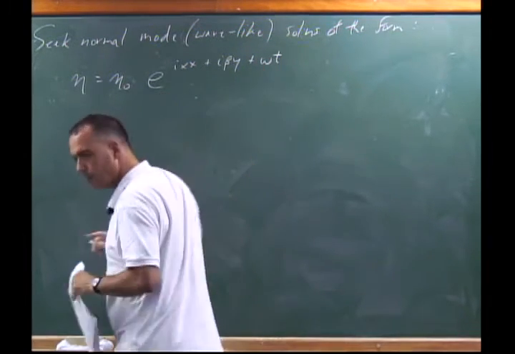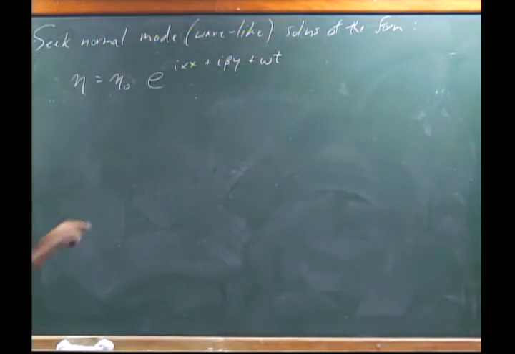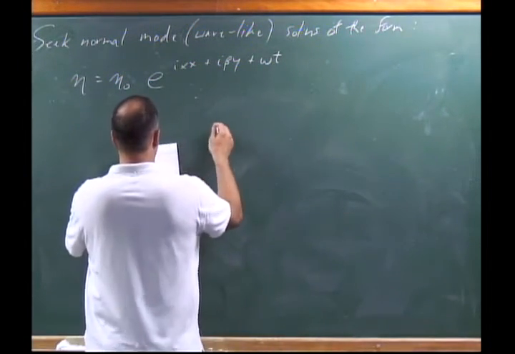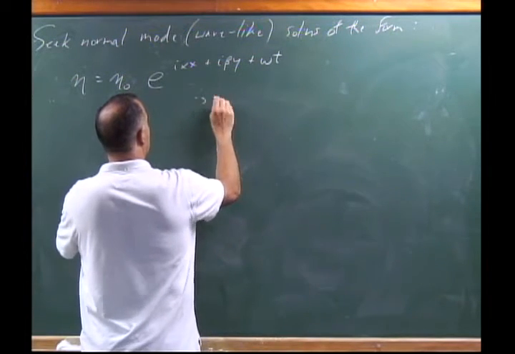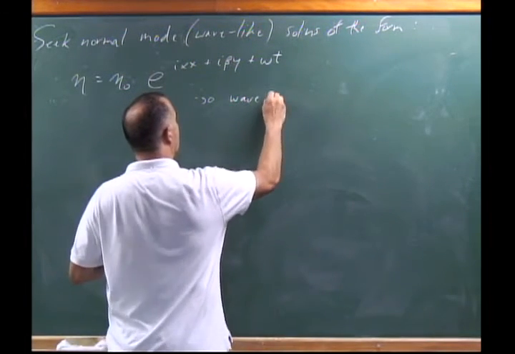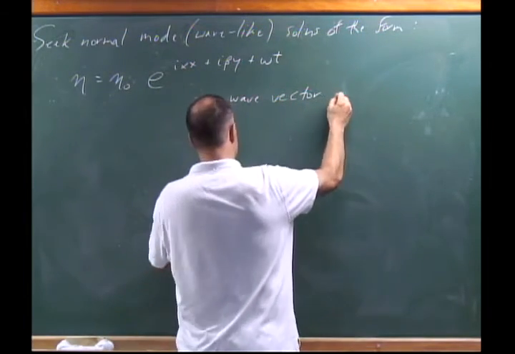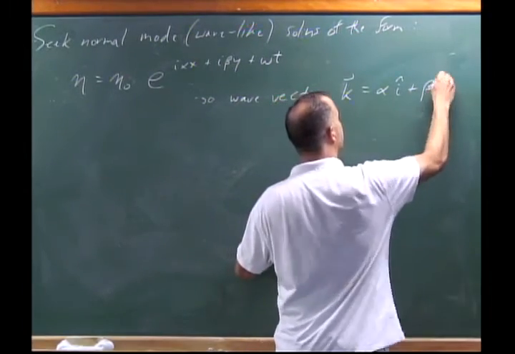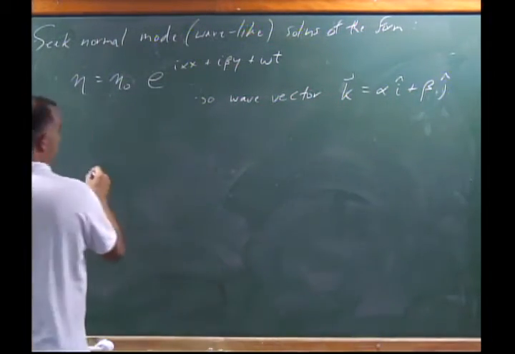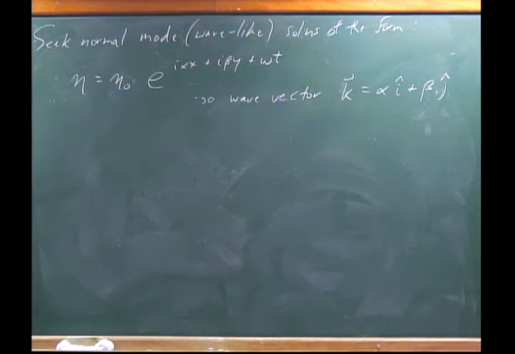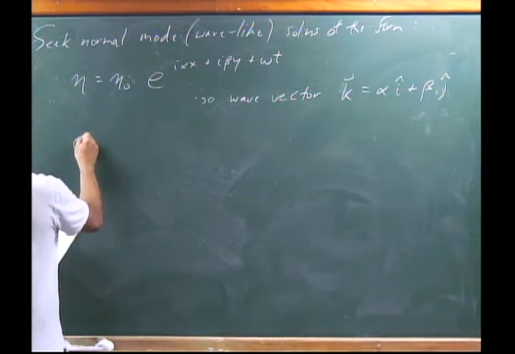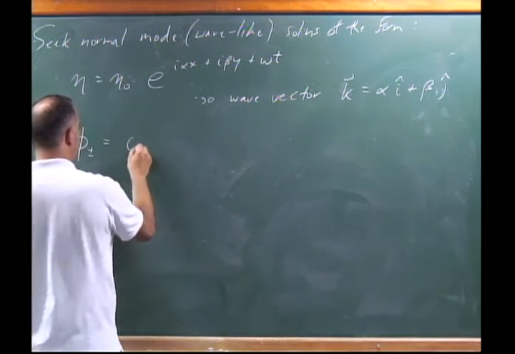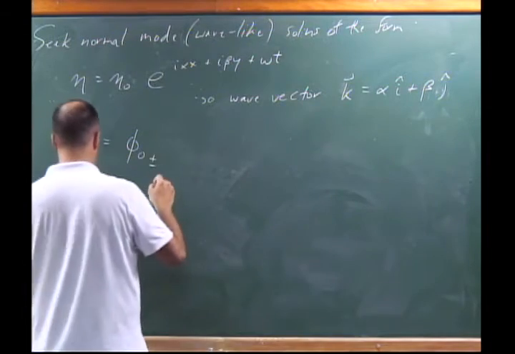Okay, so omega determines whether or not it grows, and this alpha and beta are basically the components of the wave vector. Okay, so this is the form of the perturbation, and the velocity potential, the velocity perturbation, we call it phi 0.